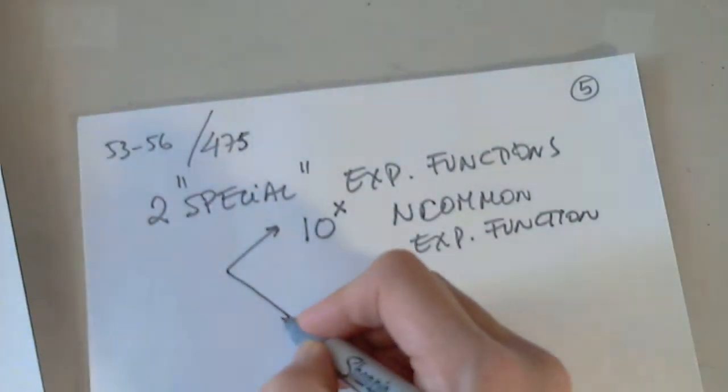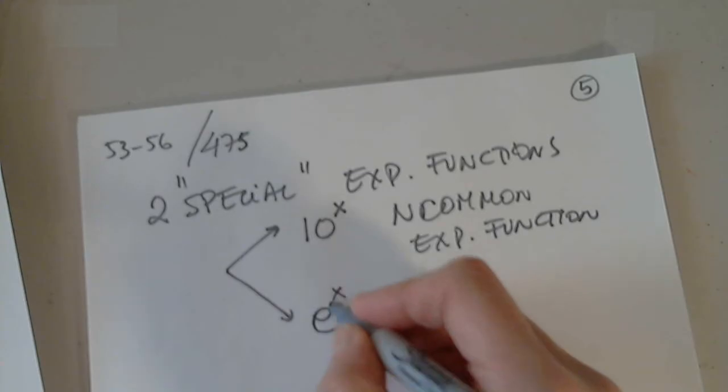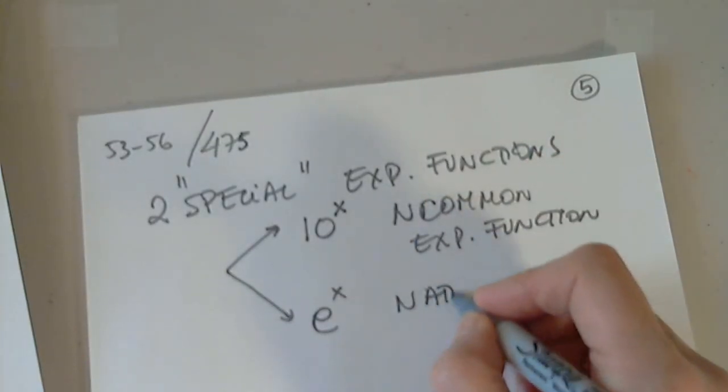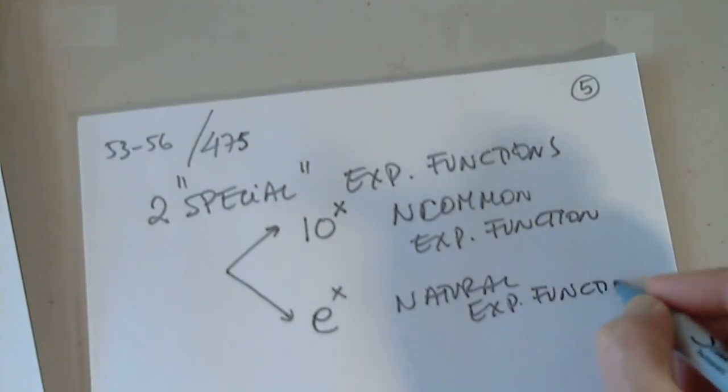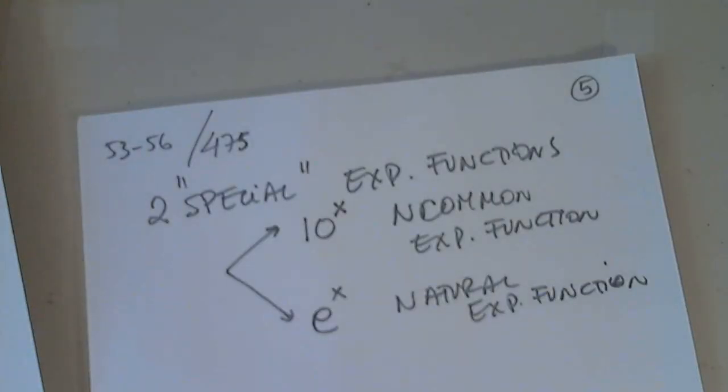And the other one with a base e, and this is the natural exponential function. They are so special that they have a special key dedicated to them in the graphing calculator.